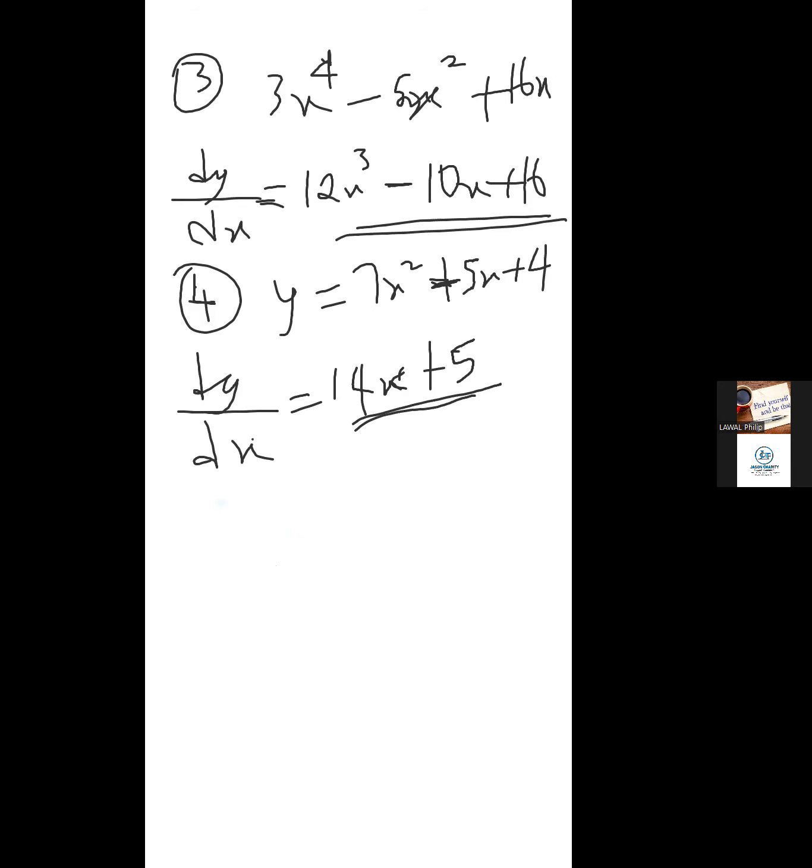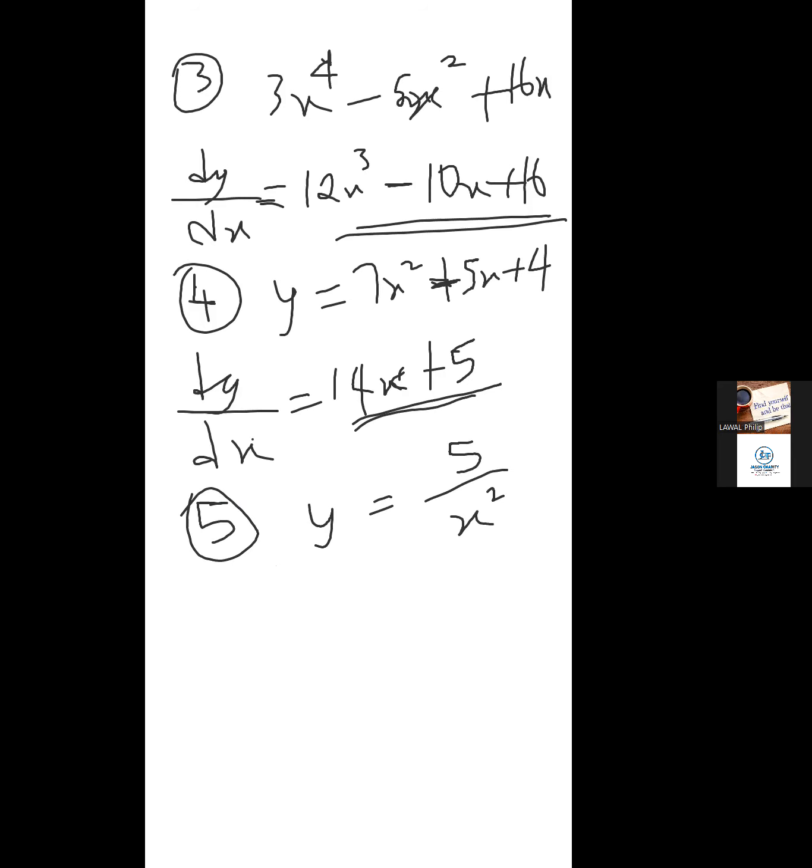Let's see this. What if you have y equal to 5 over x square? What if you have something like this? Of course, which sometimes happens, you can have 5 over x square.